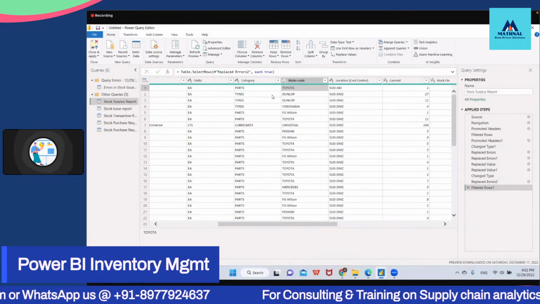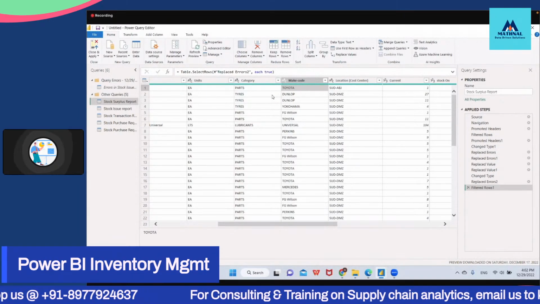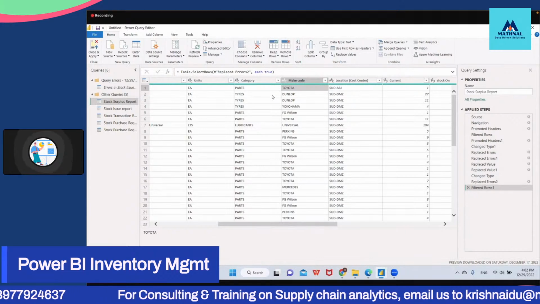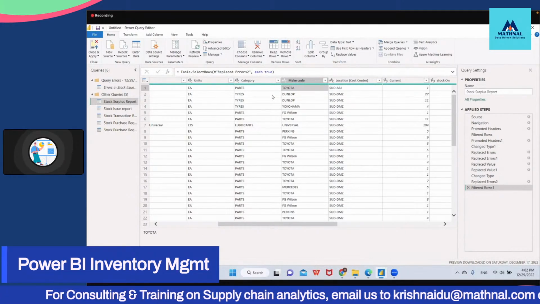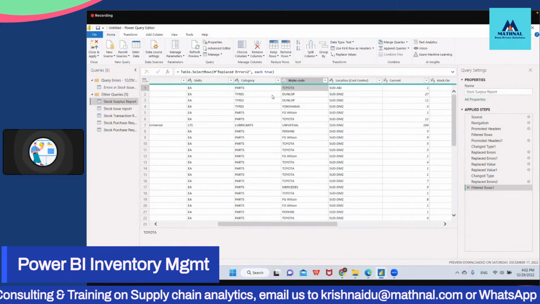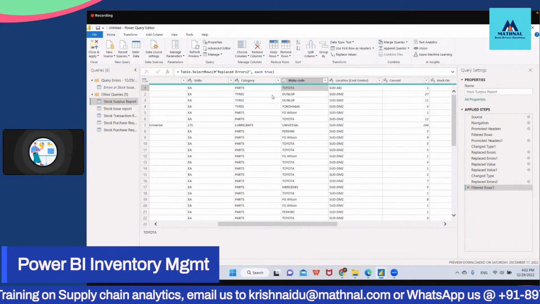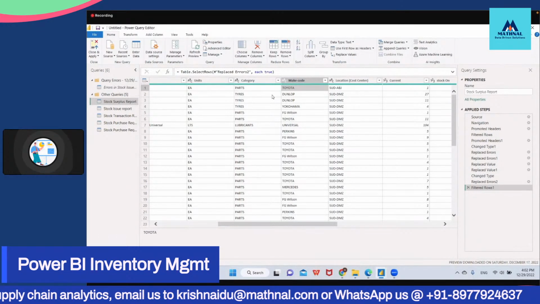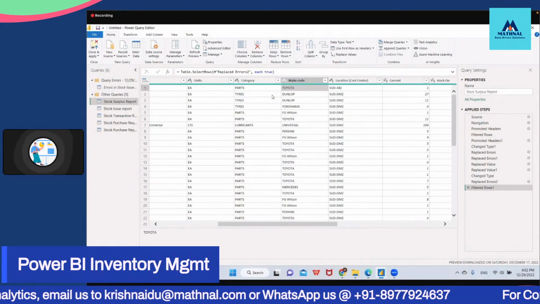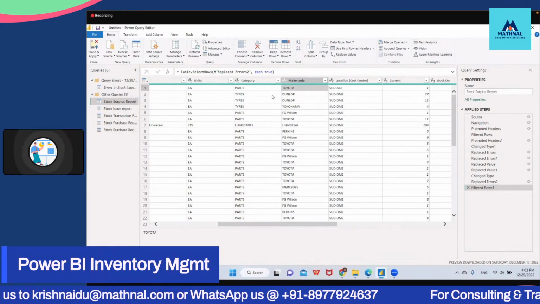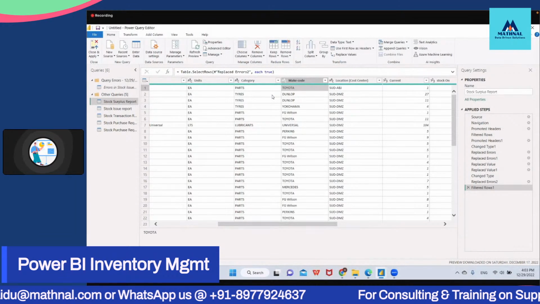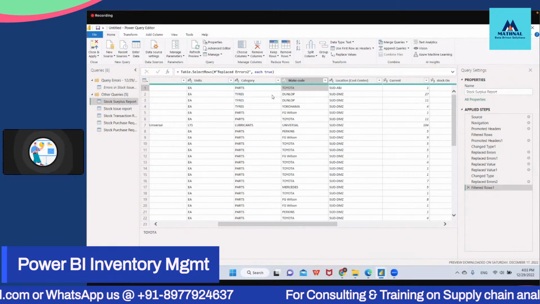Or if you go to some other shop, let's say Chroma. Chroma has now opened up their electronic business also. If you want to buy something from Chroma, you can buy it online.